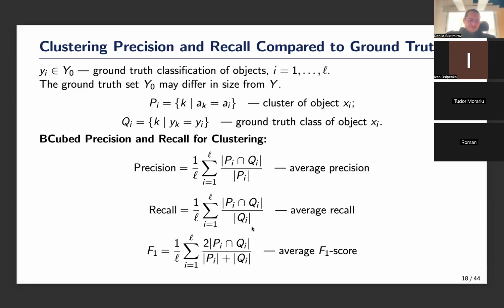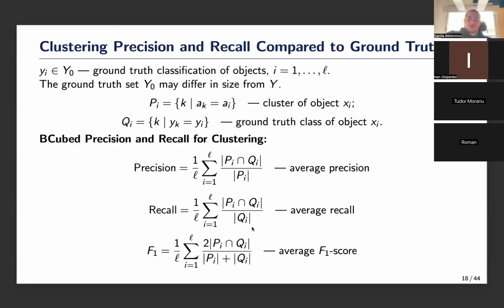If the true class is mostly concentrated in a single cluster, the recall is high. Otherwise, it is low. And we can also compute the F1 score. It's the harmonic mean of precision and recall, balancing both metrics in a single score.